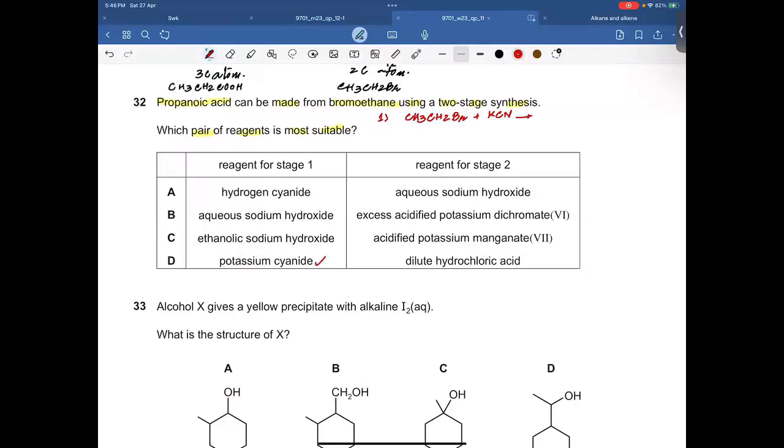As a result, I'll get cyanide ion in the product. This is the first step. In the second step, this cyanide undergoes acid hydrolysis. Acid hydrolysis is this, so that you will get propanoic acid.